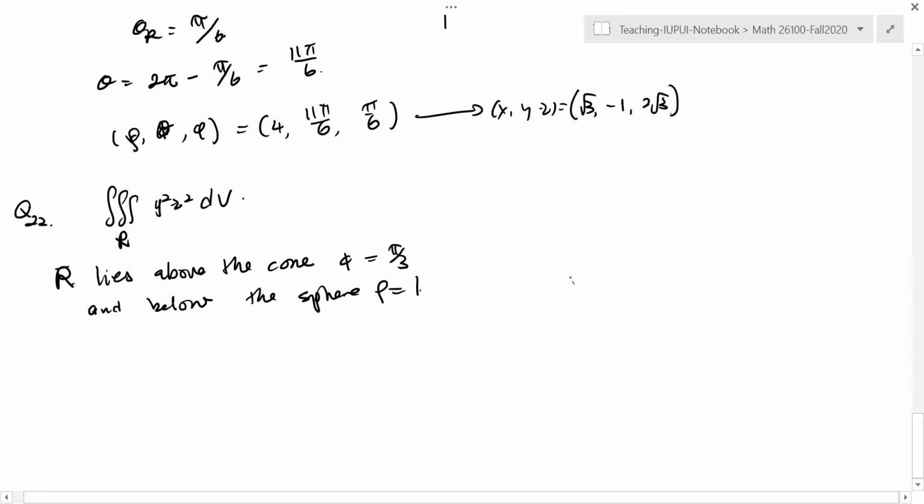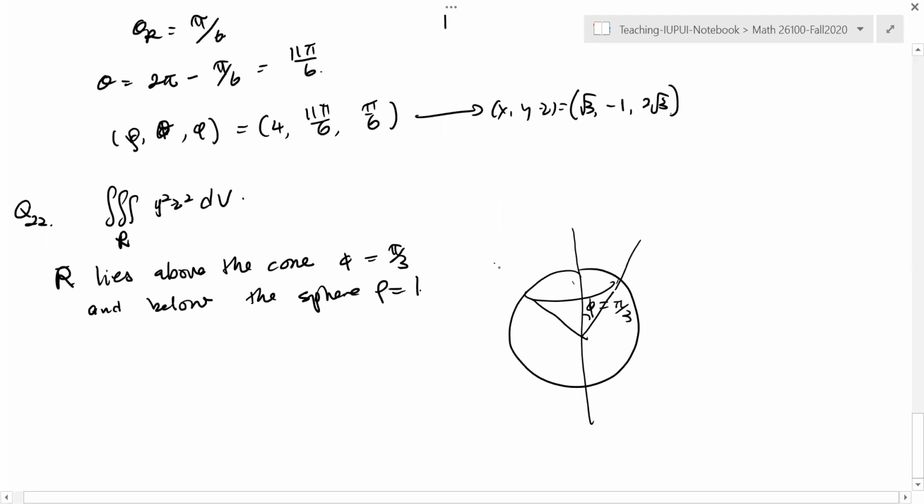That means we are already using spherical coordinates to describe the region. Here's the region. I can describe it in a different way. This is a cone, and the sphere has radius 1. All the points with a fixed phi equals pi over 3 give you a cone.